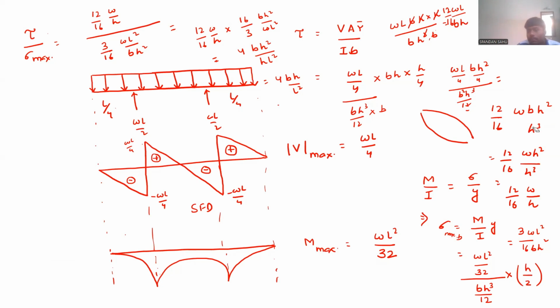So basically, we will be getting tau max to be 12 W L upon 16 B H. And for sigma max bending, we are getting 3.